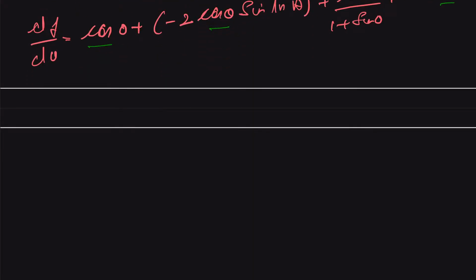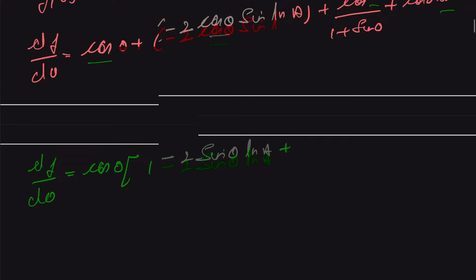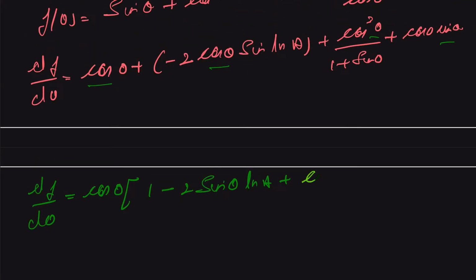So we can say that df by d theta will be equal to cos of theta times 1 minus 2 sine of theta natural log of a plus cos square theta upon 1 plus sine of theta, plus sine of theta.